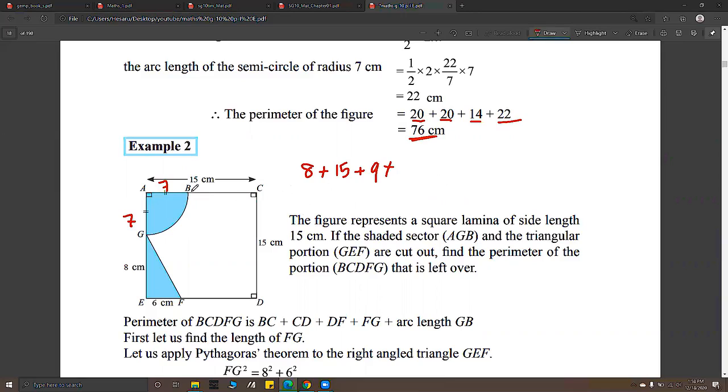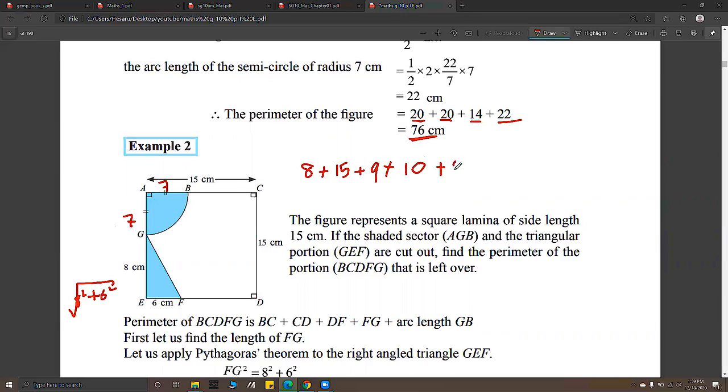So we were talking, it's 8, 15, and again this is 9. You have to consider the Pythagoras theorem for this one. It's the square root of 8 squared plus 6 squared. It's 10, right? Plus this length. What is this?